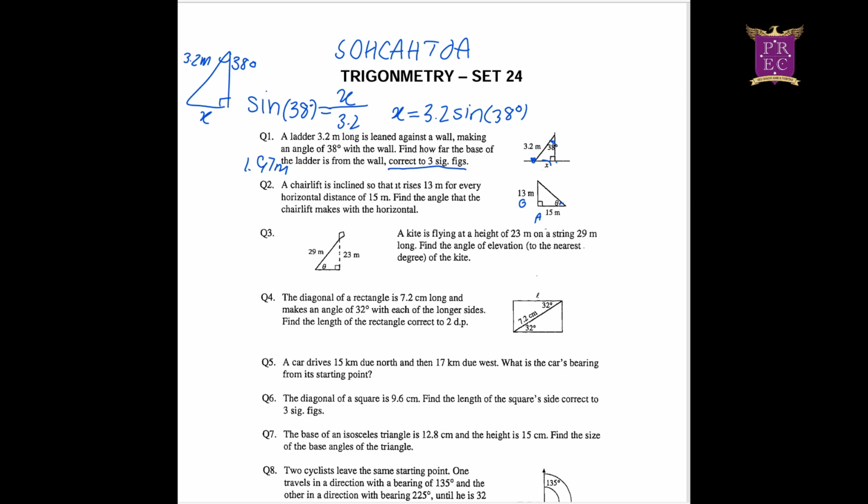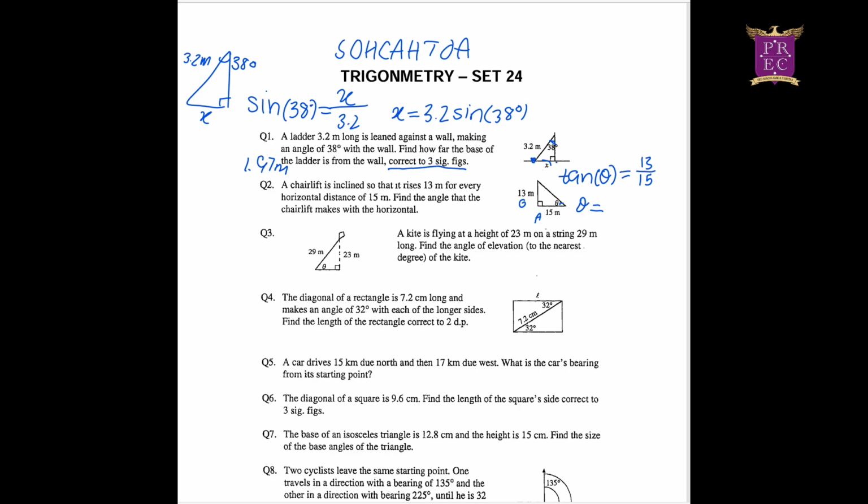So TOA. So we have tan theta is equal to opposite over adjacent, opposite being 13, adjacent being 15. Okay, now we need to make theta the subject. So when we're taking tan over to the other side, what happens to the tan?